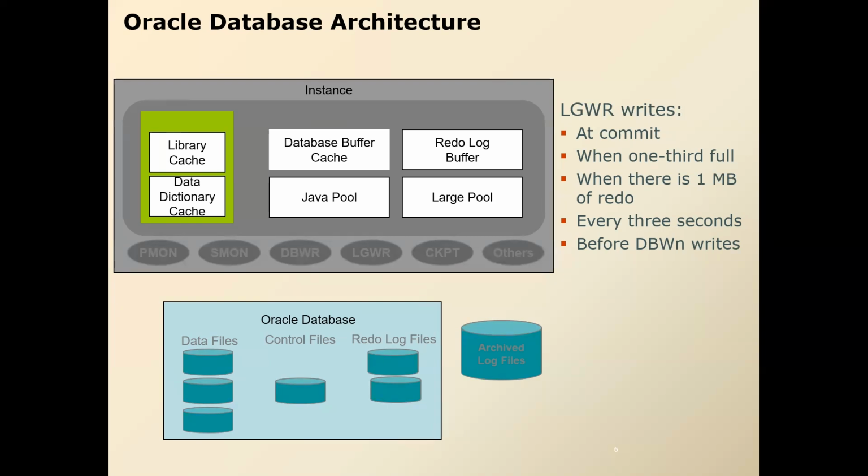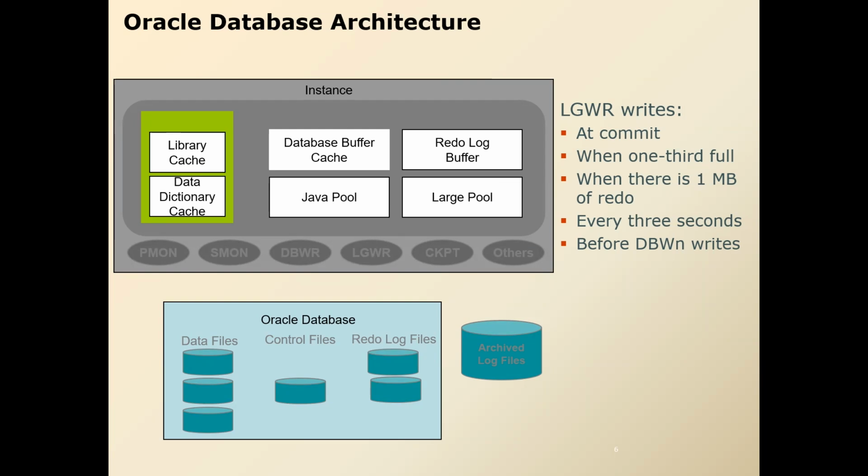Remember, your redo log files or archive log files contain committed as well as uncommitted transactions. Data from the redo log buffer to the redo log file gets written with the help of the log writer process.